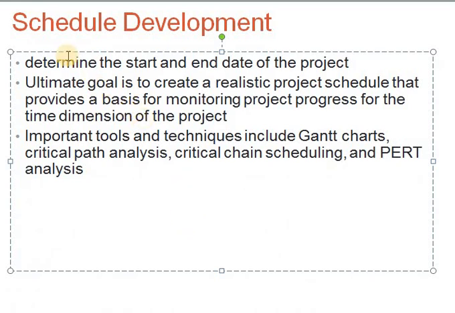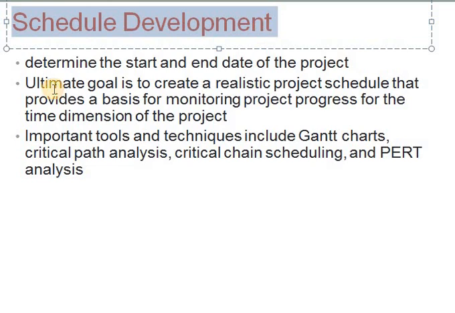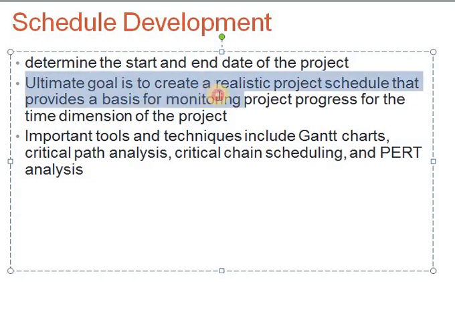Next we will see what schedule development is. Basically in schedule development, we will determine the start and end date for the project. So the ultimate goal is to create a realistic project schedule that provides a basis for monitoring the progress for the time dimension of the project.